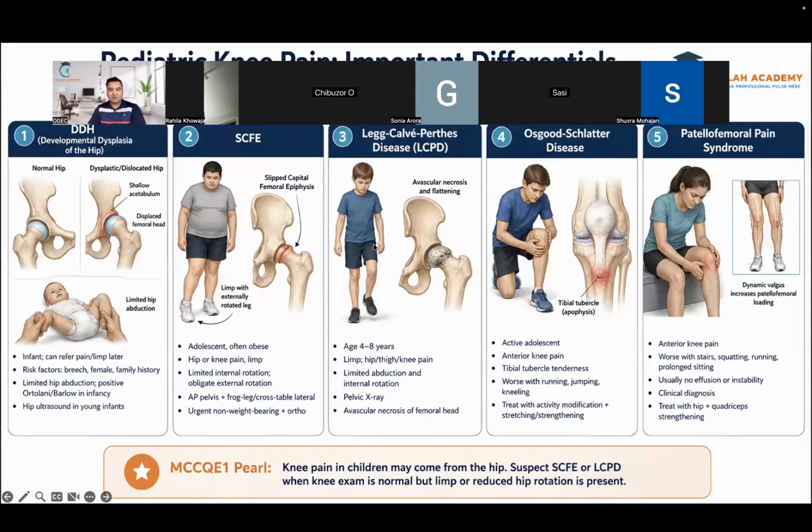But the pain will be much lesser compared to the slipped capital femoral epiphysis. And also, this will be a gradual limp, but both of them are emergency. I mean, referral, and they both need surgery.